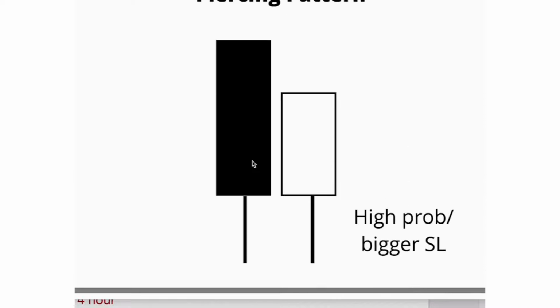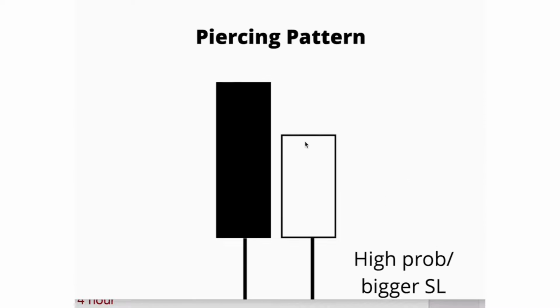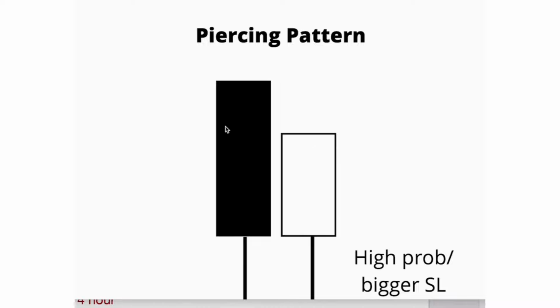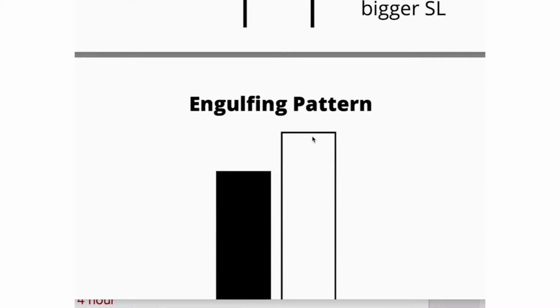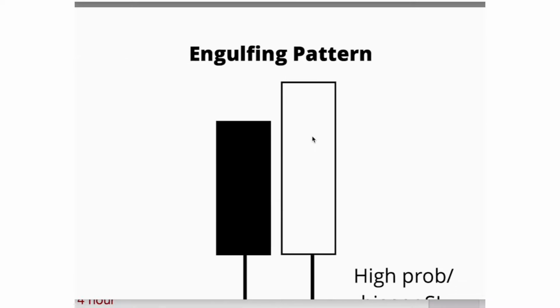So similar to this one, this is a piercing pattern. We've got more than halfway up and closed with a nice clean head. In this case, we've got more than halfway up, plus we've got above the preceding top of the bearish candle that was before this one, and we've got a bullish engulfing candle pattern.